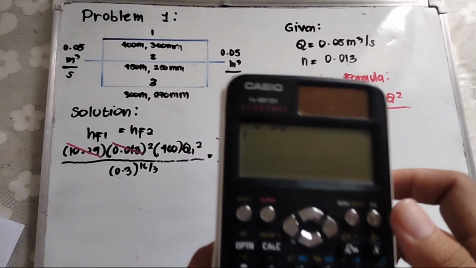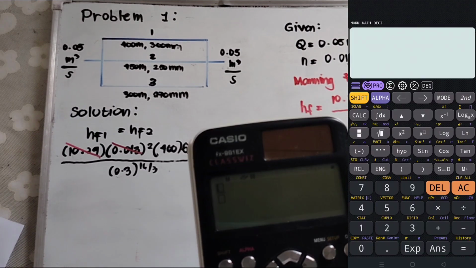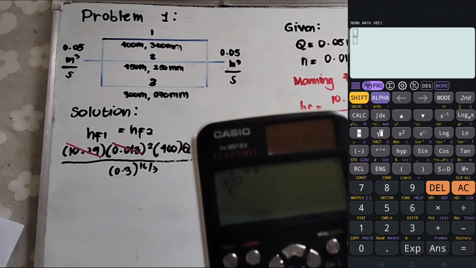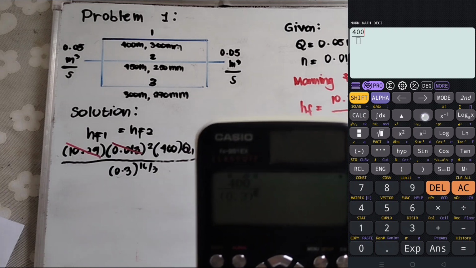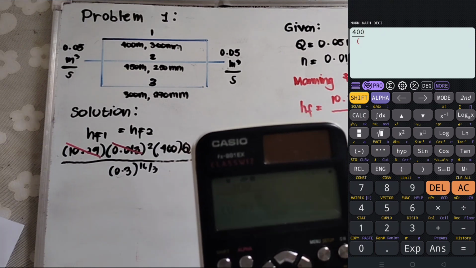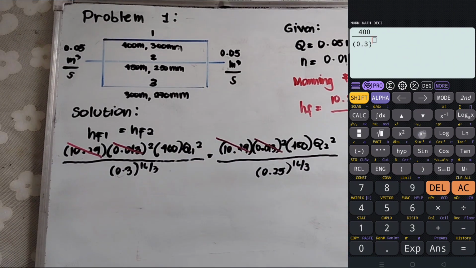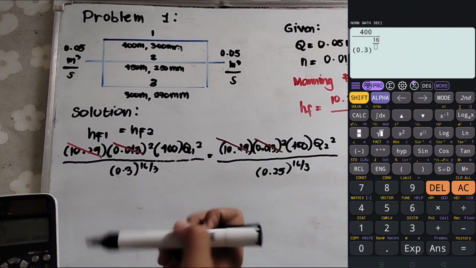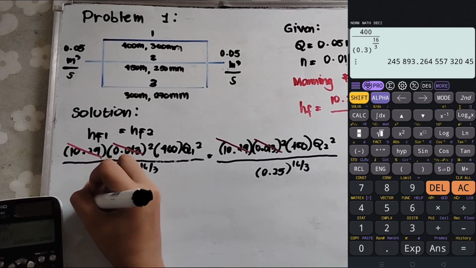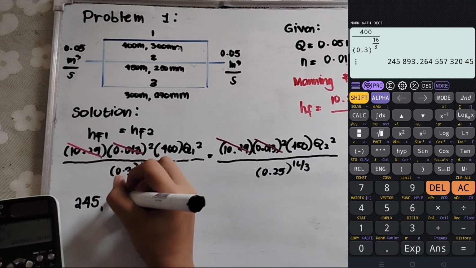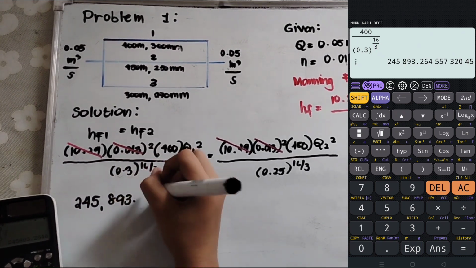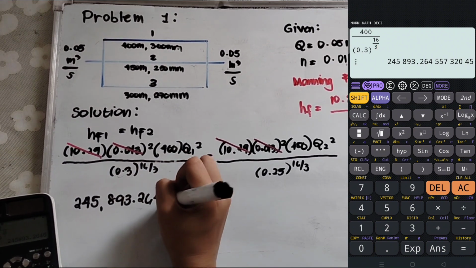And now, all we have to do is to divide the length over the diameter. So we have 400 over 0.3 raised to 16 over 3, in which we came up with an answer of 245,893.2646 Q sub 1 raised to 2.